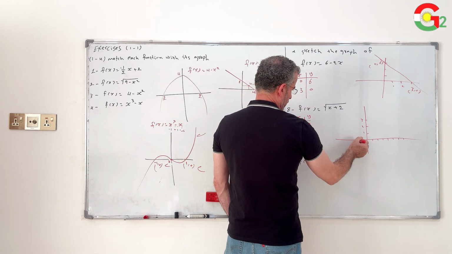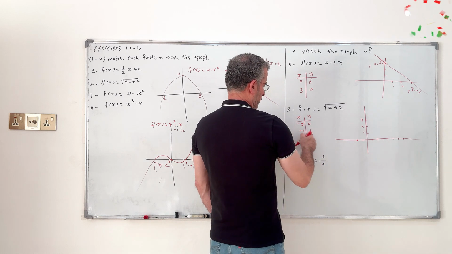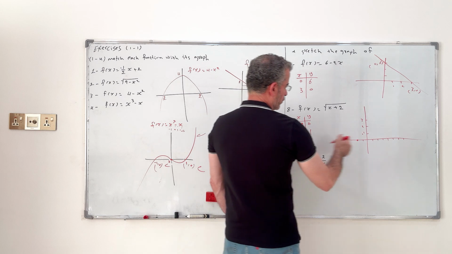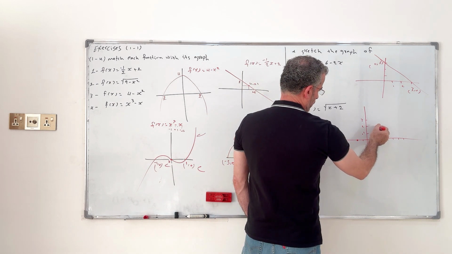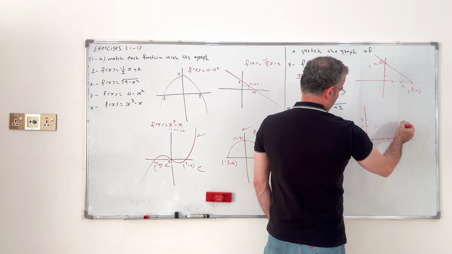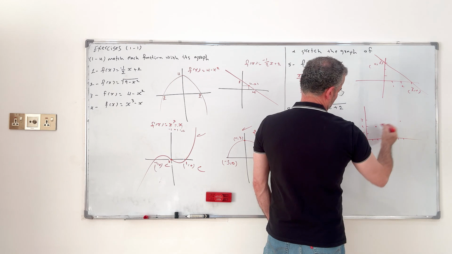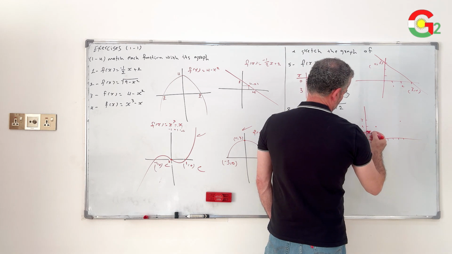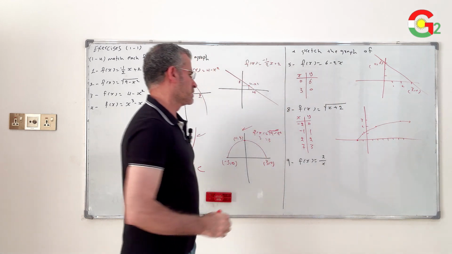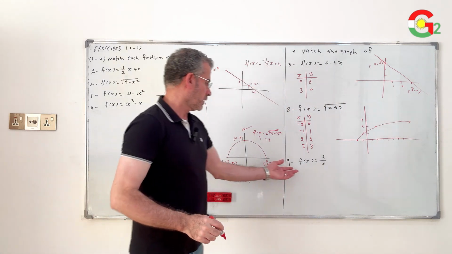Sorry, negative 2, 0, this point. Negative 1, 1, this point. 2, 2, this point. 7, 3. As you see, the graph looks like this. This is the graph of this function.